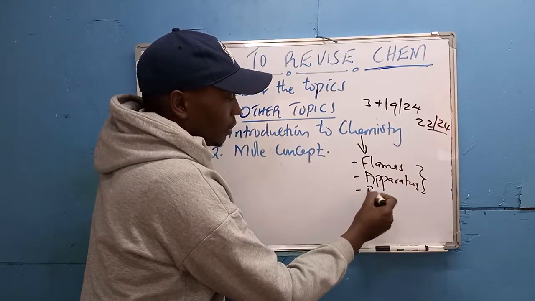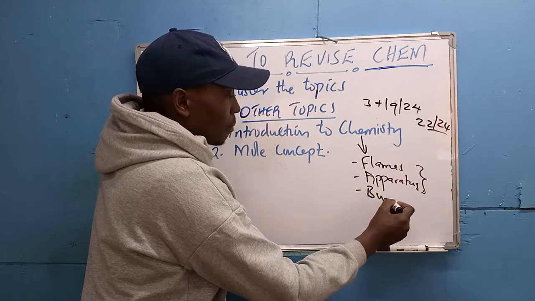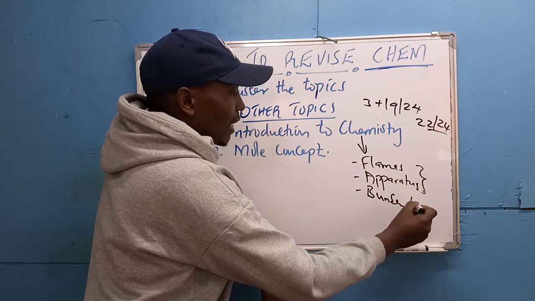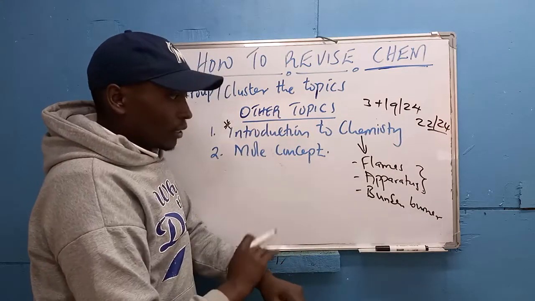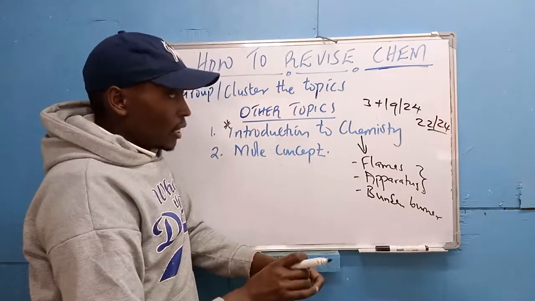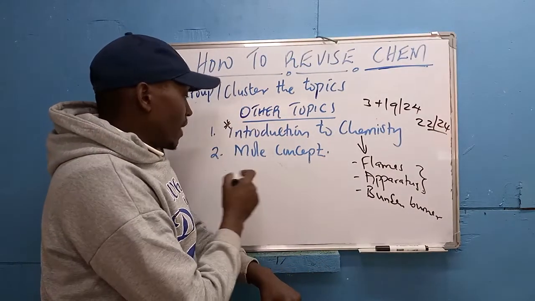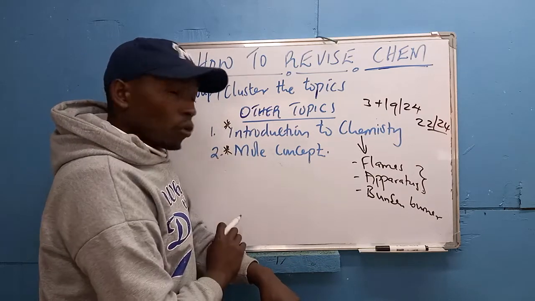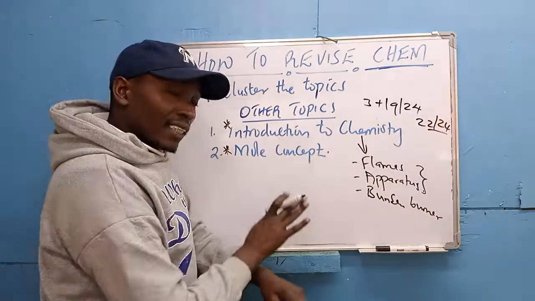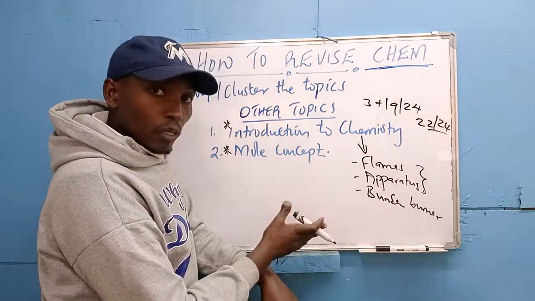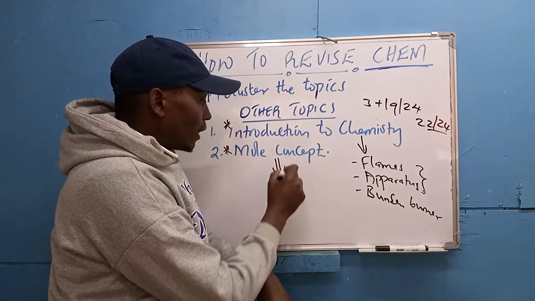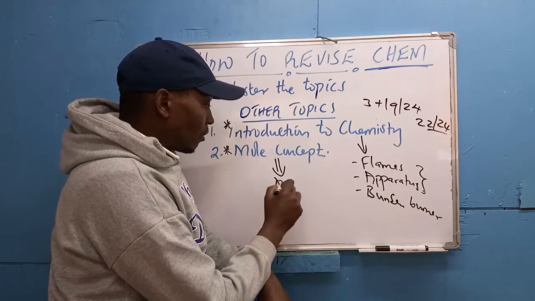Of course, the student can look in detail at the Bunsen burner, but the introduction to chemistry is a topic that we've seen coming in a national exam. Then the giant topic, mole concept. The topic mole concept will cut across. You can have a Form 1 question with a mole concept, and this one is more analytical.